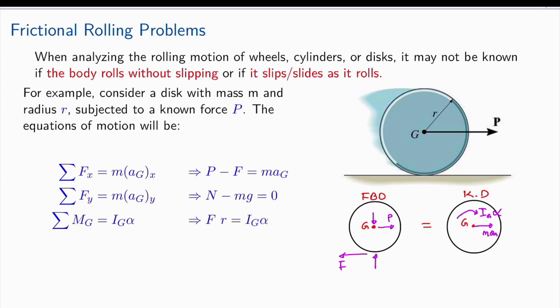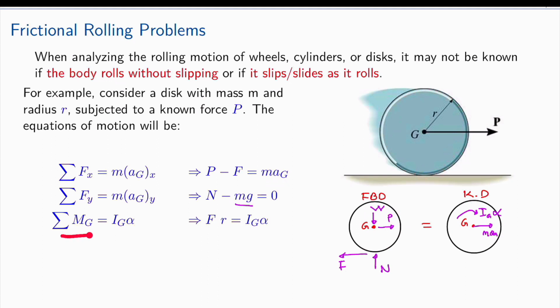In the y direction, we have the weight W, or mass times gravity, going down, and up we have the normal force. So the normal force minus mass times gravity is equal to 0, because we don't have acceleration in y as it's moving just on the surface horizontally.